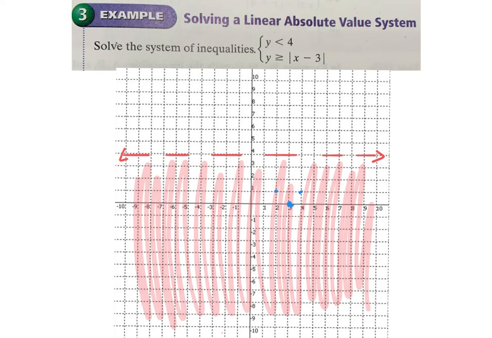And then above or below this guy? Above. Now, what you'll notice when I shade above this is it's inside the other one, okay? And so the shading for this guy is technically everything up here, right? But my answer is where they overlap. So my answer is going to be this triangle right here.